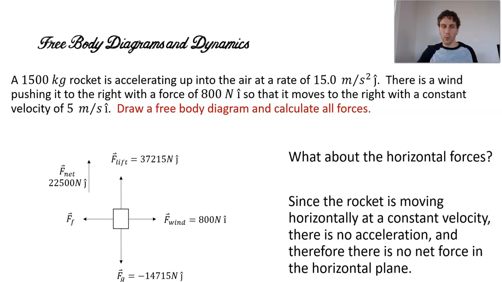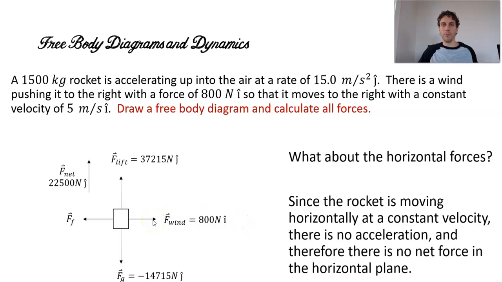Now, what about the force of friction? It didn't even mention friction in the question. How did we know that there was a force of friction? Well, because the rocket is moving at a constant velocity. That means that the forces are balanced horizontally. This force is equal to that force. If there was no force of friction and just the force of the wind, it would be accelerating this way.